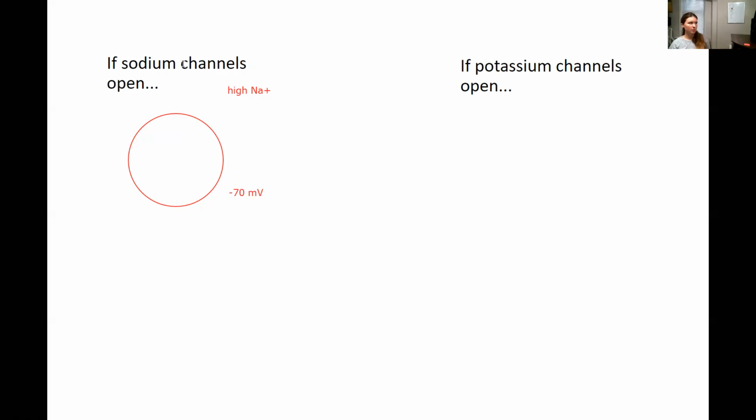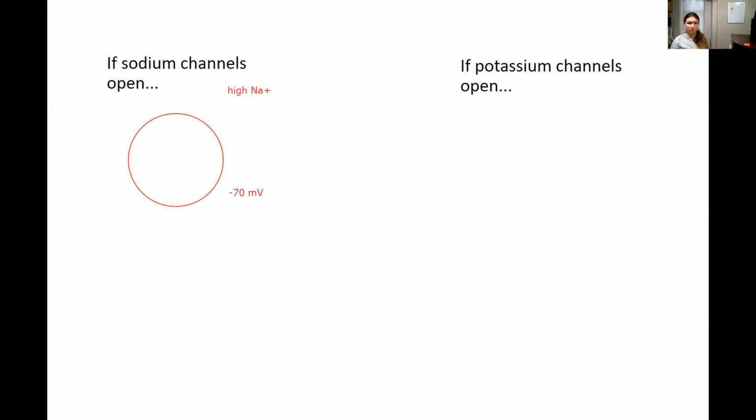So if we open up sodium channels, which we could also phrase as we make the membrane more permeable to sodium, or we increase the membrane permeability of sodium. Remember that one of the things about sodium is that there aren't that many leak channels for sodium. So in that cell at rest, sodium really can't follow its electrochemical driving force because there's just not enough doors in the membrane.